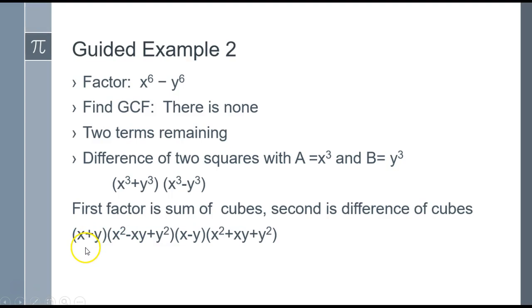So I get x plus y in parentheses times x squared minus xy plus y squared, all in parentheses. Another set of parentheses x minus y, and another set of parentheses x squared plus xy plus y squared. And because these big parentheses with the trinomial in them come from factoring a sum or difference of cubes, I know that that does not factor any further.